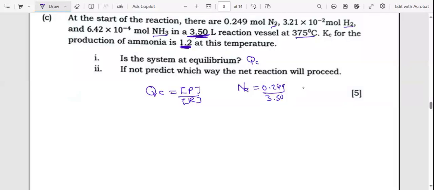Then also for hydrogen, I'll do the same: 3.21 times 10 to the power negative 2, divided by the same 3.50. Then for ammonia also, let me write for ammonia here.